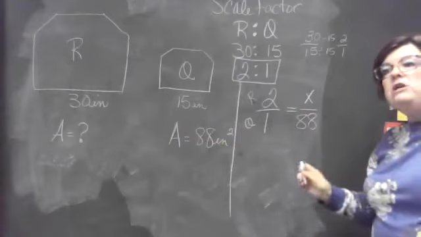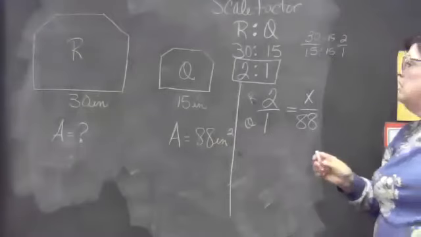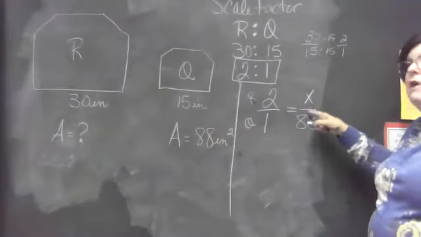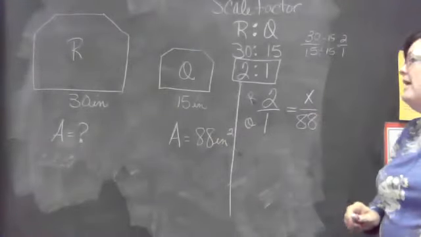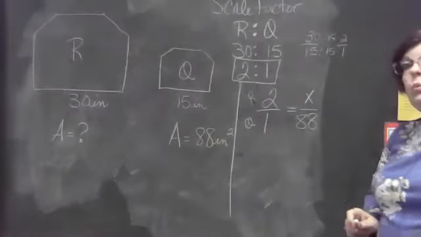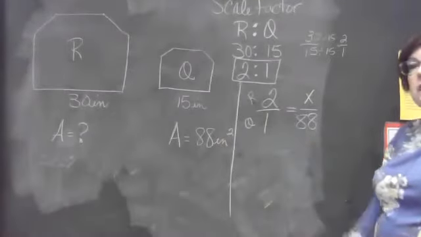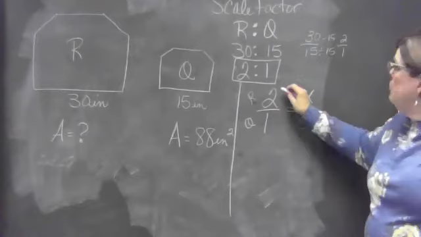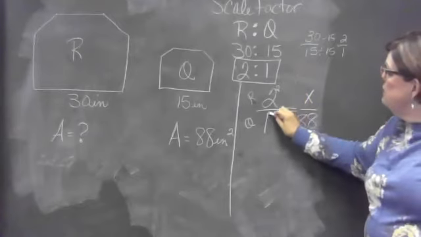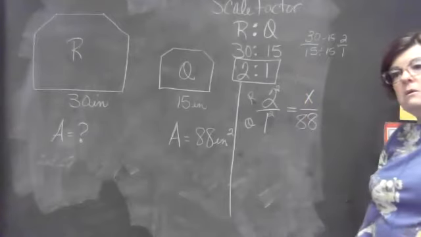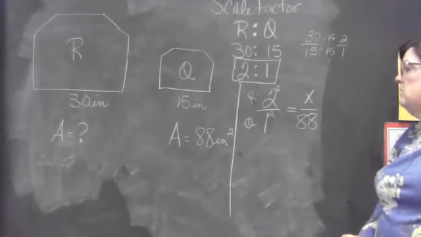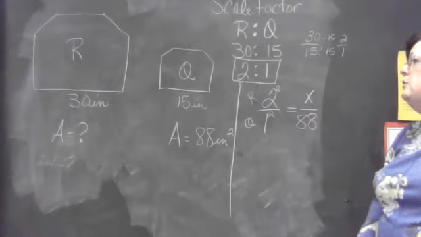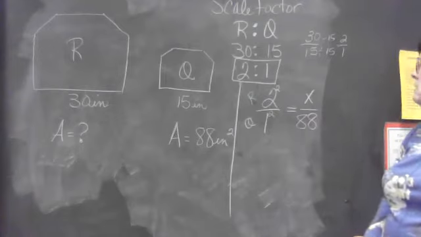Now, right here is the change. We are talking about area here. So our scale factor has to be squared in order to make this come out correctly. I need the scale factor to be squared if I'm going to work with area.